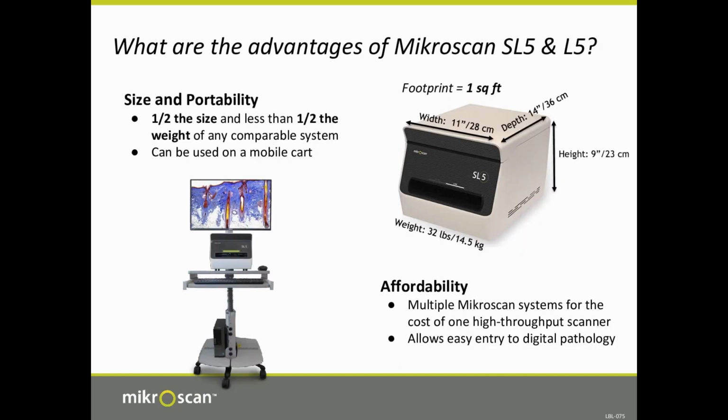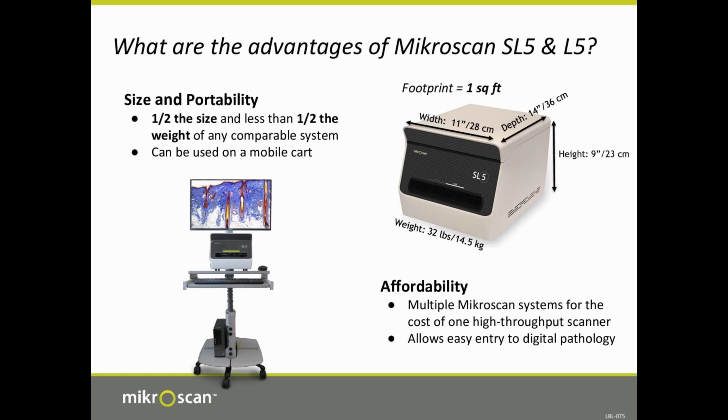So another advantage, a couple other advantages of the Mikroscan platform, are the size. Some of these big high throughput scanners require special tables and rooms to operate in. The Mikroscan device is very similar to a regular microscope. It can be placed on a cart. It can be moved from lab to lab or around the hospital as needed.